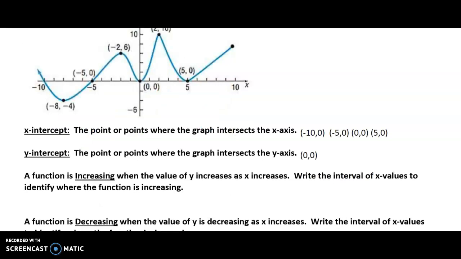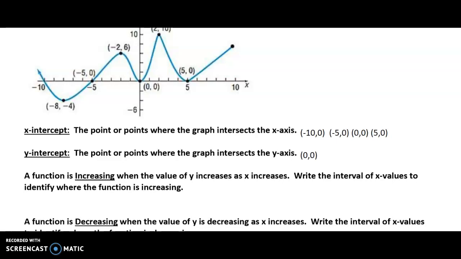Now, when we talk about a function is increasing, that's when the value of y increases as the value of x increases. So we need to write the interval of x values to identify where the function is increasing. So again, looking at the graph, we are trying to find what parts of this graph show an increase in the function.